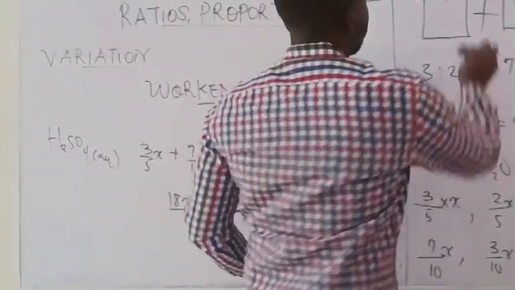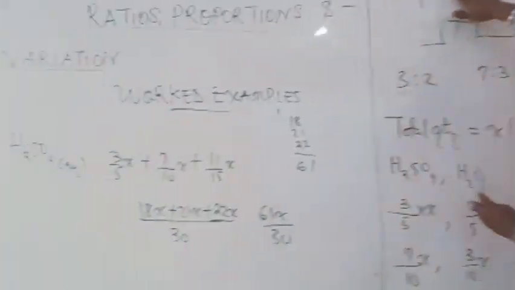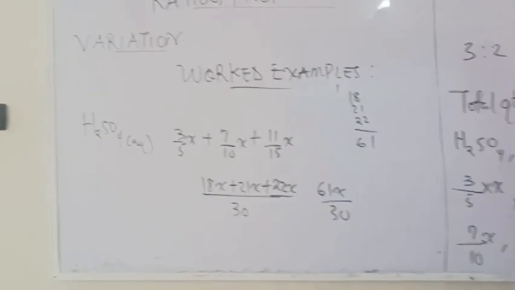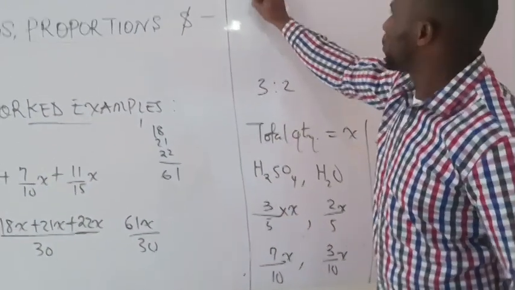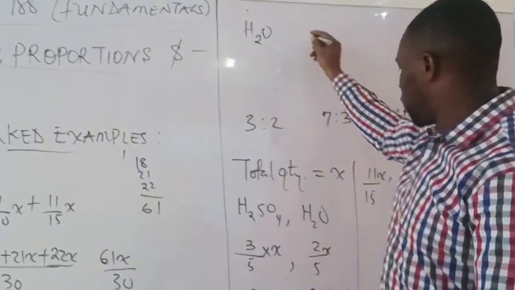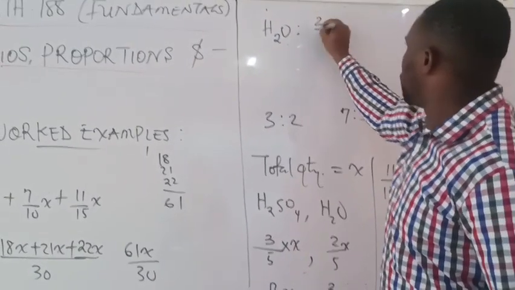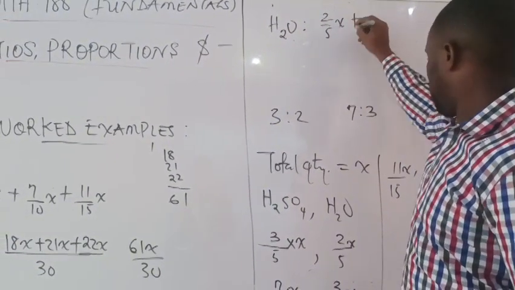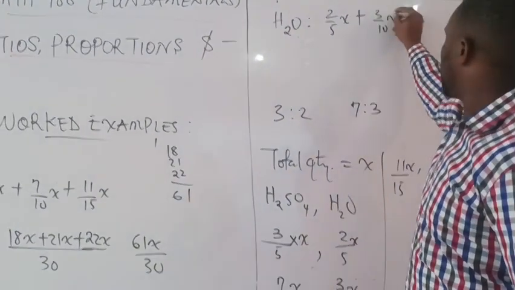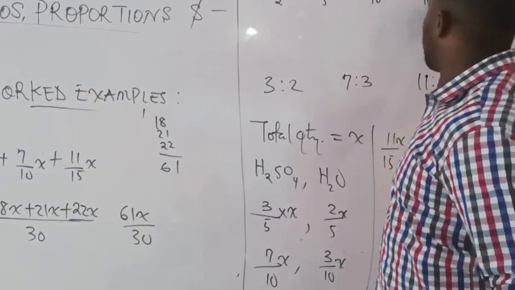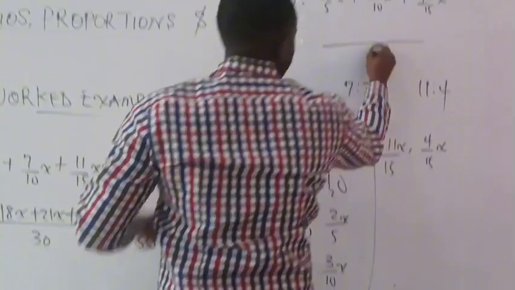For water, it's just to add up all of this for each of the containers, and of course we just compare. So for water in the container that is mixed all together, I have 2/5x plus 3/10x plus 4/15x. And of course the LCM still remains 30.